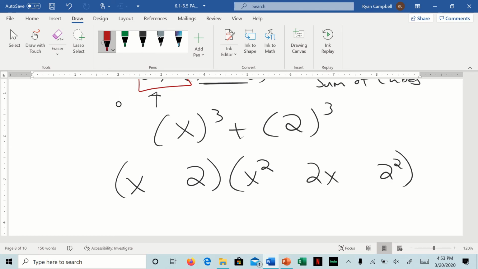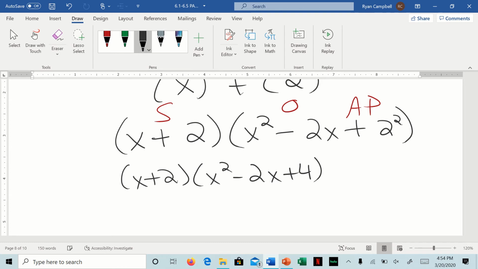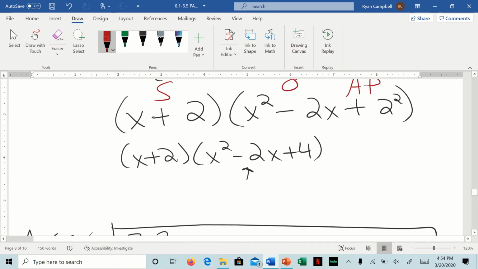And remember, the abbreviation is SOAP. So same, opposite, always positive. So if we simplify that, x plus 2, x squared minus 2x plus 4. Now, we still got that one, but if you remember what I said last time, anytime you have this, this is automatically prime.